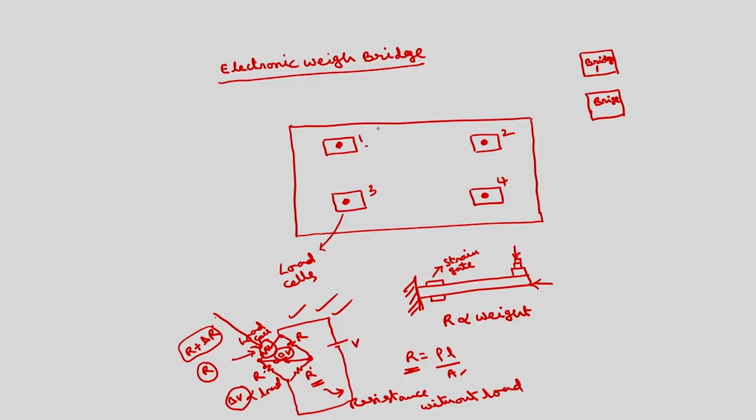This is bridge 1 corresponding to this load cell, bridge 2 corresponding to this load cell, bridge 3 corresponding to this, bridge 4 corresponding to this. So, these 4 voltages you have to connect to the adder. You can implement the adder circuit also using an operational amplifier. You can find this circuit also in any one of the standard linear integrated circuit books. You have to basically add these.